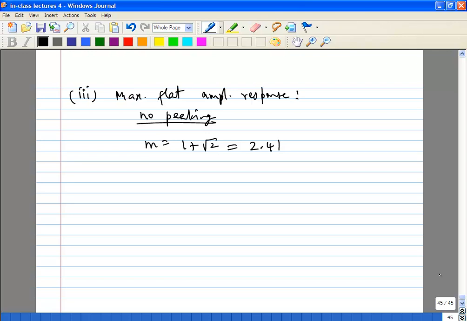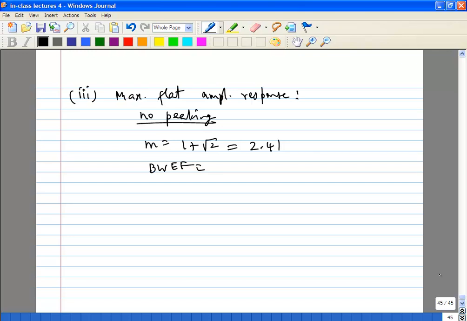To put the constraint of maximally flat, there is a standard method: maximize the number of derivatives whose value at DC is 0. That's a very standard way to derive a maximally flat response. That gives you m equals 2.41.